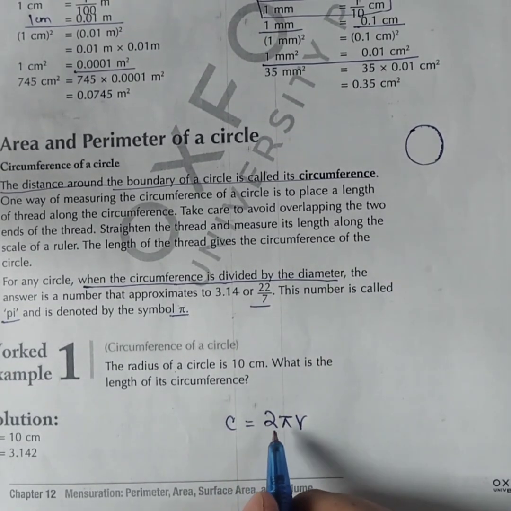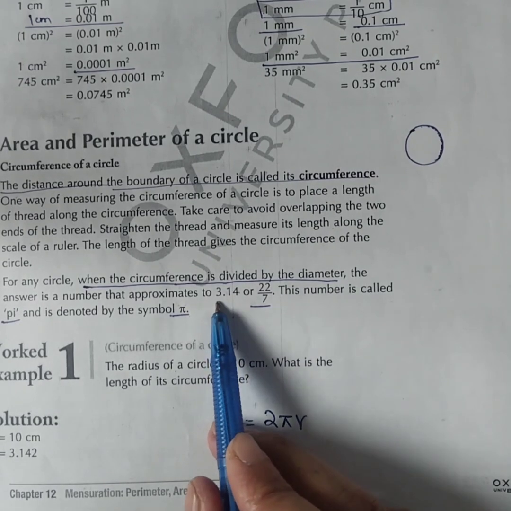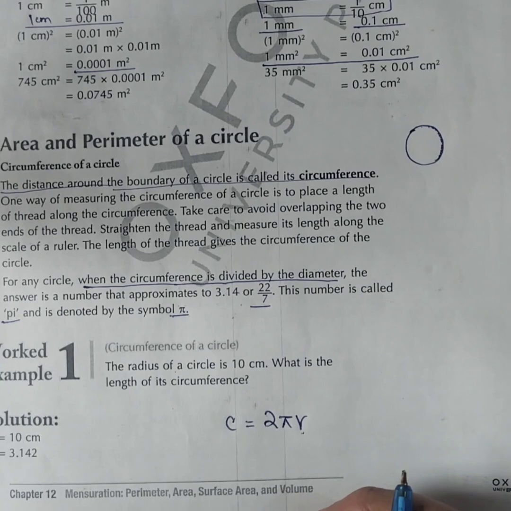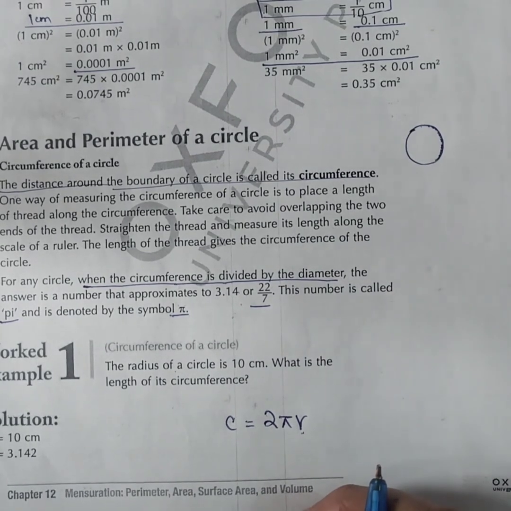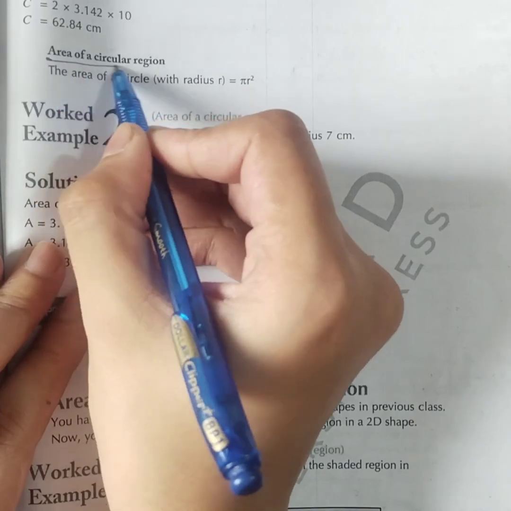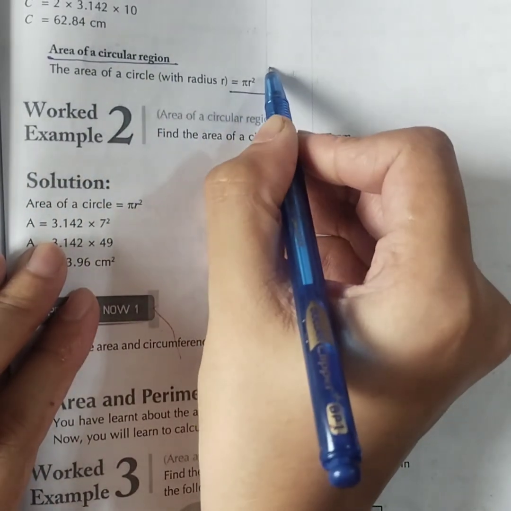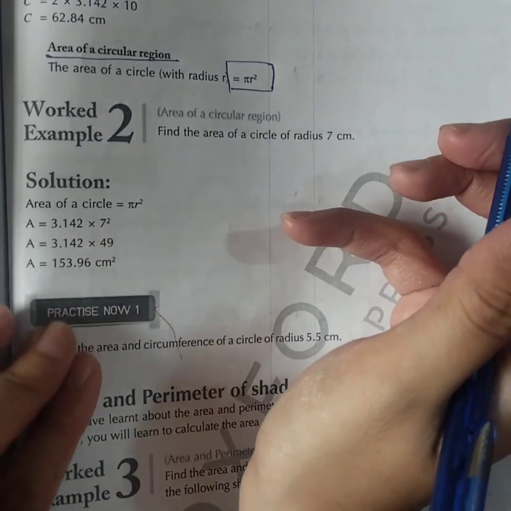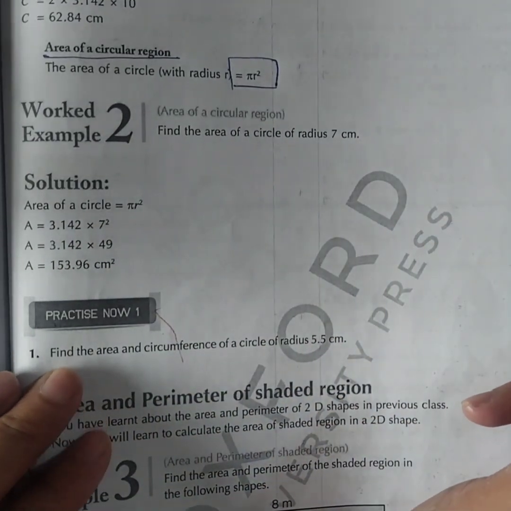You can use the formula 2 pi r, where pi is a constant with value 3.14 and r is the radius. Come to the next formula, which is the area of a circular region. Area of a circular region is equal to pi r square. Here again pi, you know what it is, and r square is radius square. So these are the two formulas.